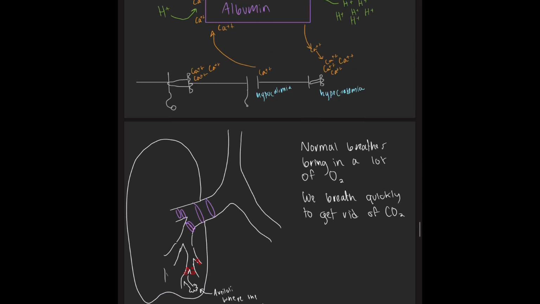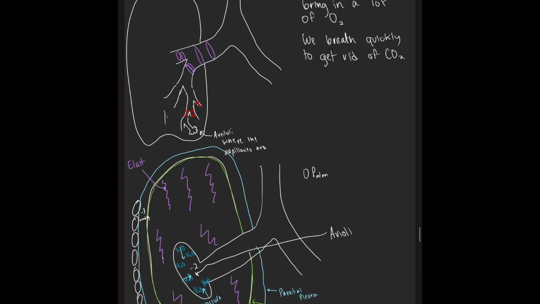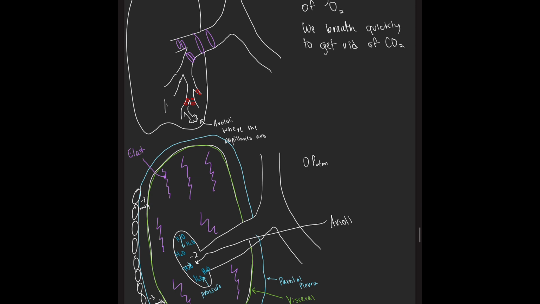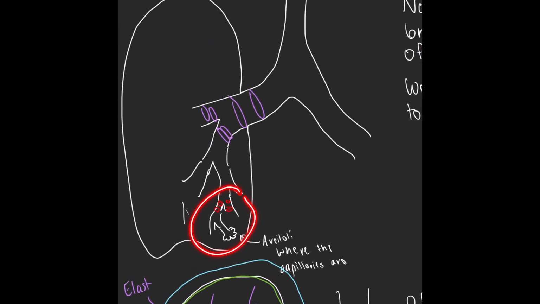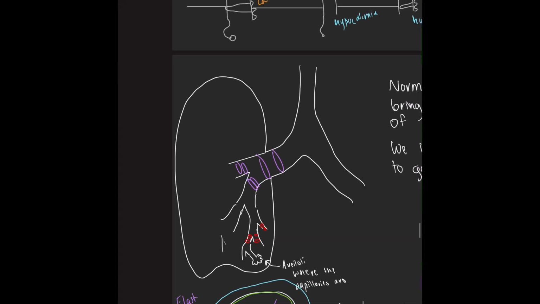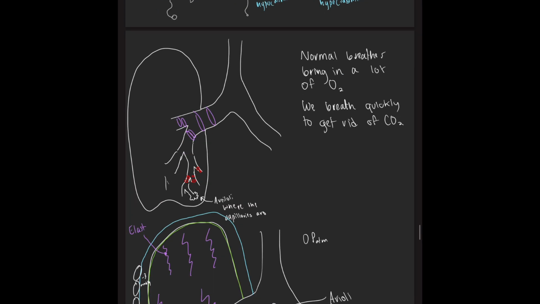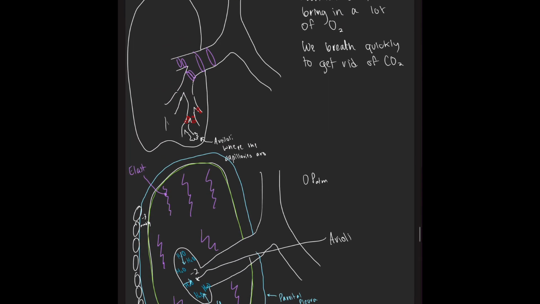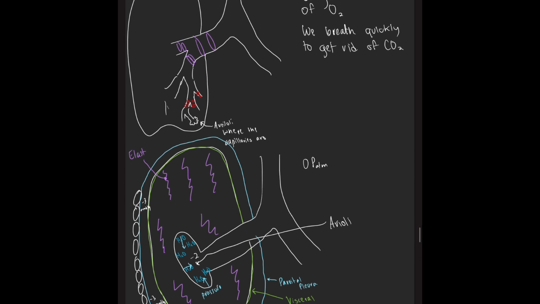Let me go back to the lecture notes here, just so I can show you a little bit more of how it's branched. So you see here, our alveoli are these little branches that branch off. These are the things that are going to inflate in our lungs and really allow oxygen and CO2 to reach our lungs so they can expand.